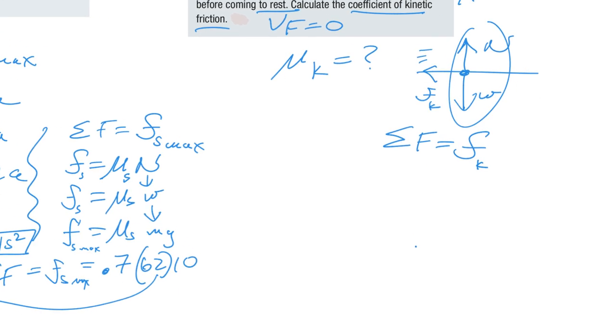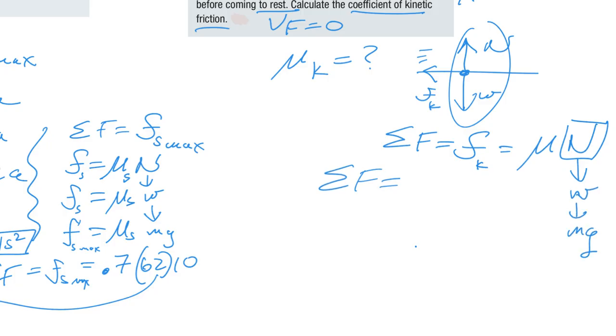Okay, so the net force is equal to Fk, which is mu times N, where N is the normal force. So once again, the net force would equal that, and that would be what I'm looking for.